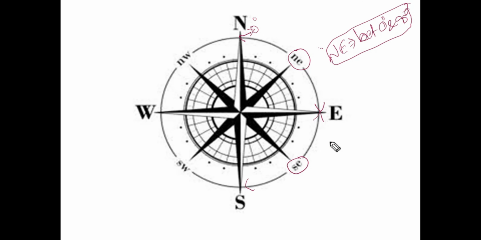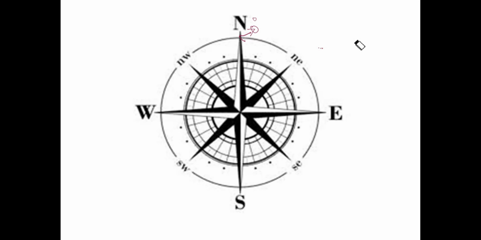Considering north as 0, the possible angle for southeast is between 90 and 180. The possible angle for southwest is between 180 and 270. The possible angle for northwest is between 270 and 360 degrees, considering north as 0 degrees in the clockwise direction.